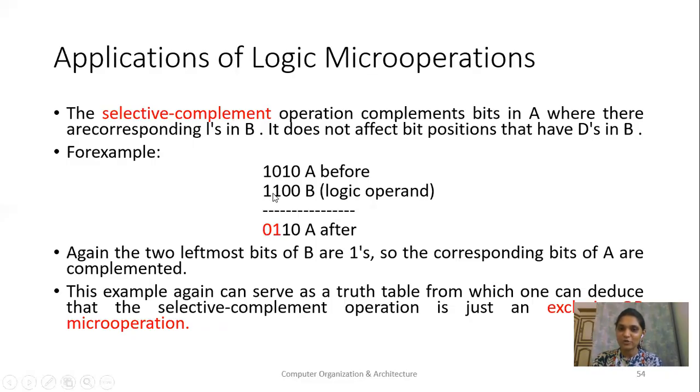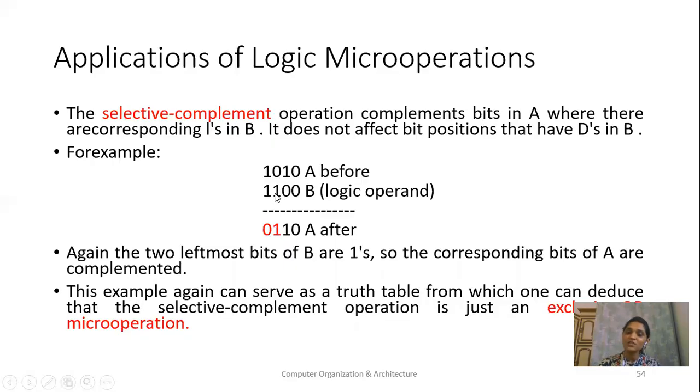If you do XORing of any number with 1, you will get the complement of that number. That means if I XOR 1 with 1, I will get 0, and if I XOR 0 with 1, I get 1. So by using the exclusive OR operation, you can selectively complement numbers.